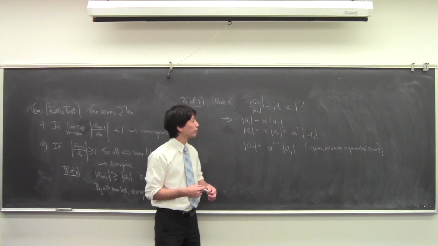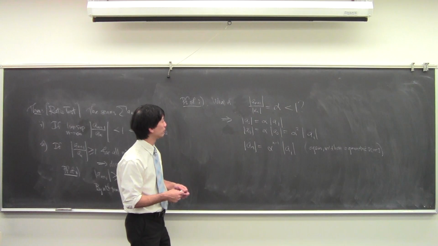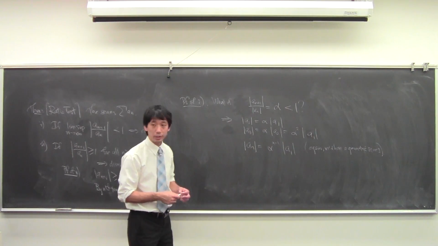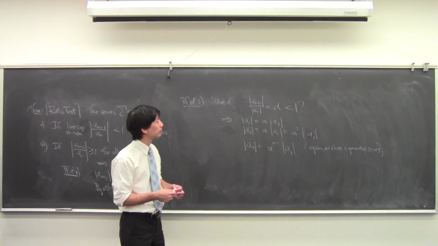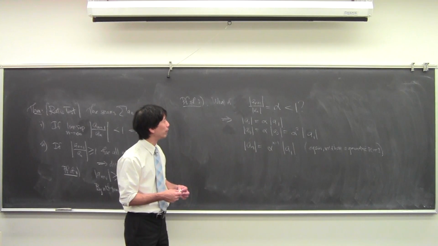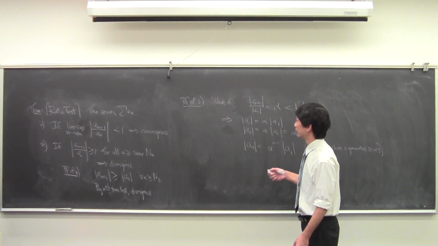Should we have alpha n instead of alpha there? Because it's not going to be alpha for each n, right? Say it again. Because for a2 and a3, it probably will be another alpha.